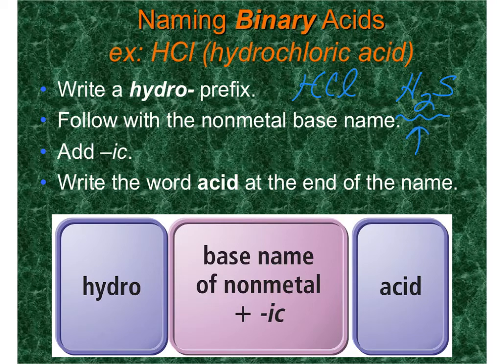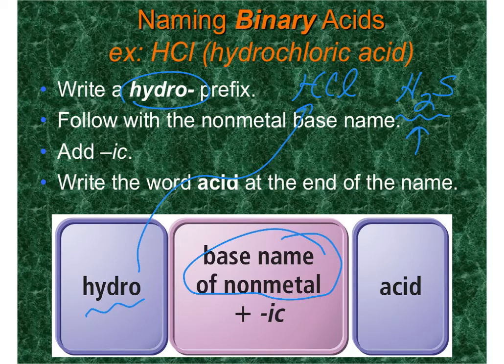Okay, so the rules for binary acid is, first of all, it always starts with the prefix hydro. The hydro represents the hydrogen, right? Then you have the root name of the non-metal, the anion, but it has a suffix of ic, and then it always ends with acid.